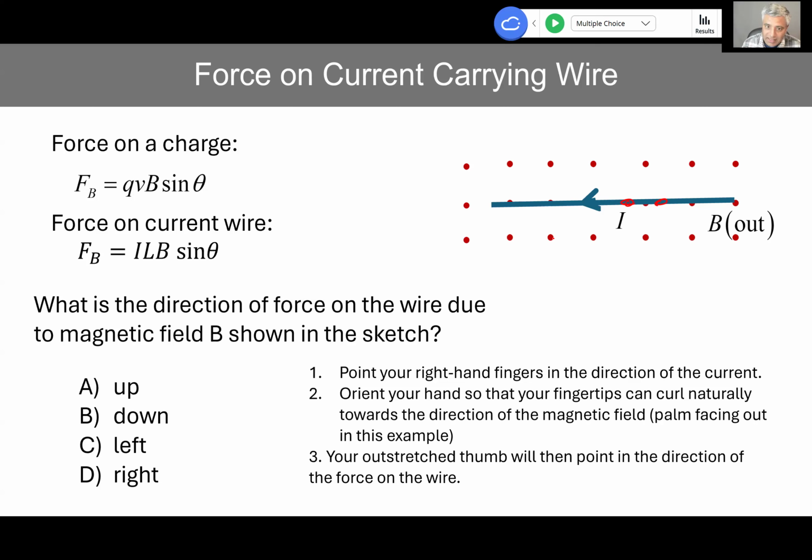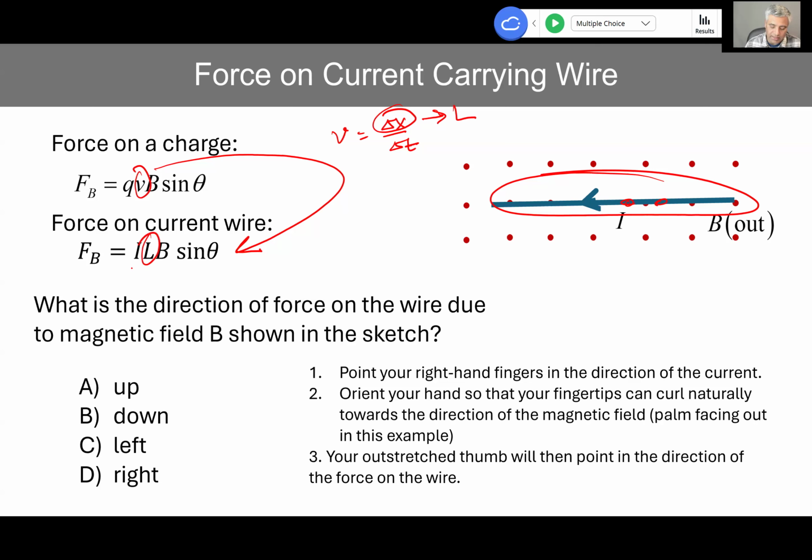So why is understanding it like that useful? Because we already know the force experienced by a charge moving in a magnetic field. So now this can be written as this formula by simply replacing v by delta x over delta t, right? This delta x is equivalent to the length segment of the wire.